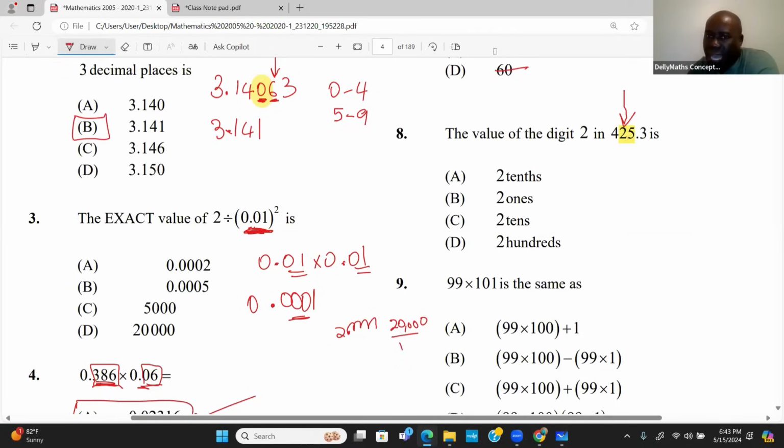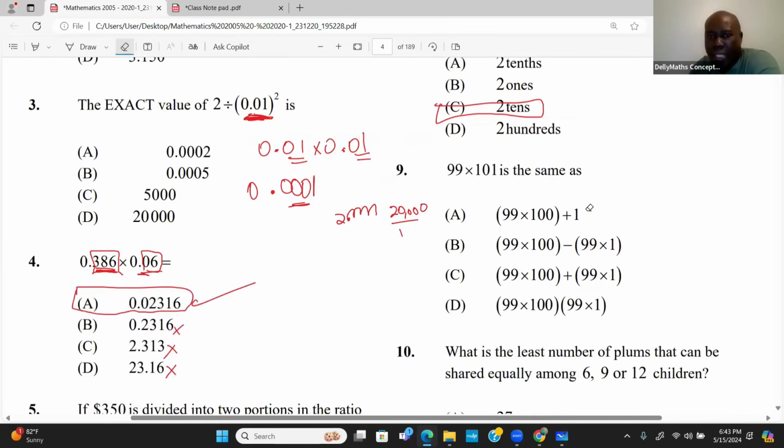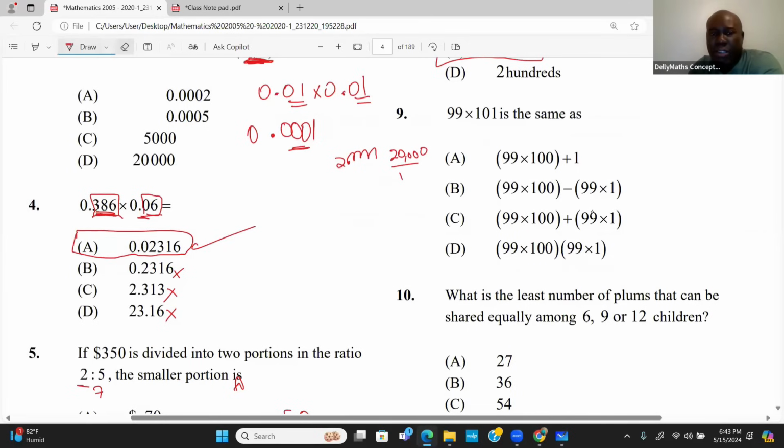So that means it was actually 2 tens. Tens, not tenth. You see this? Be careful, right? Tens. Tenth is in the decimal. When you see the TH, it's in the decimal region. So tens, right? Whole number. Okay, that's why we said 20. It's 2 tens.